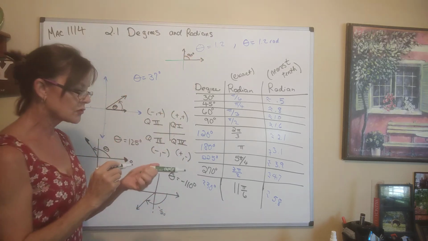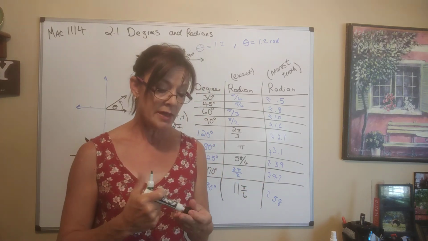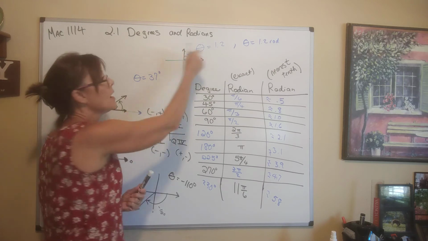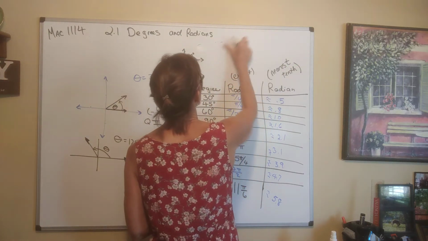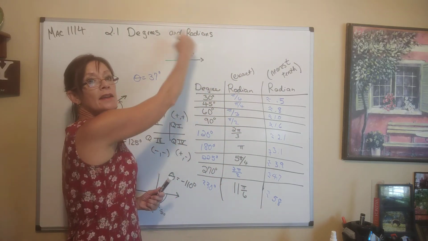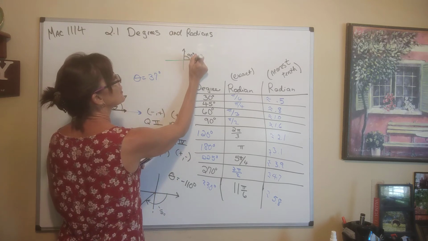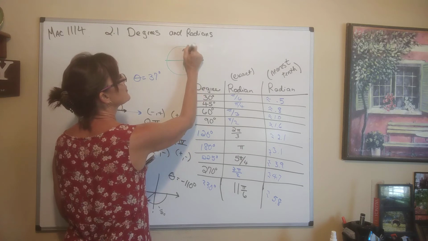Okay, what if they say draw a coterminal angle? That is another angle that has the same initial side right here and same terminal side right there. How could we make that happen? Well, we could circle 360 and then add another 90. This is what that would look like. You could go all the way around 360 and then go another 90.